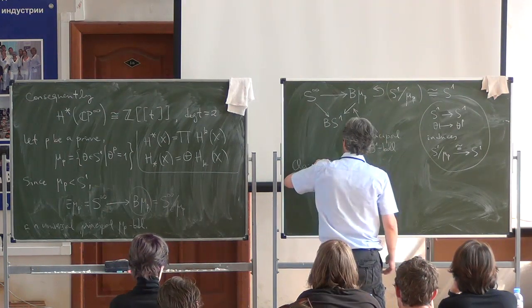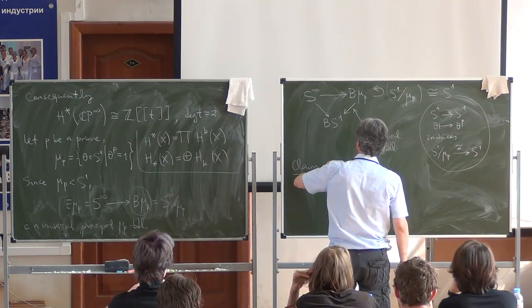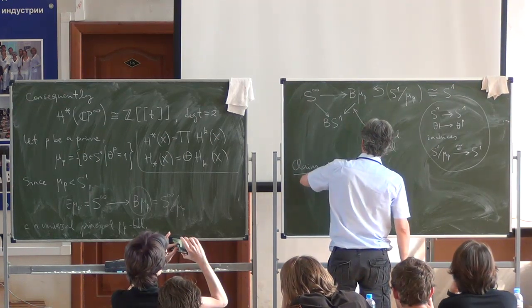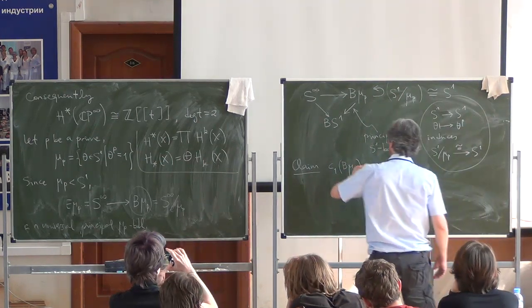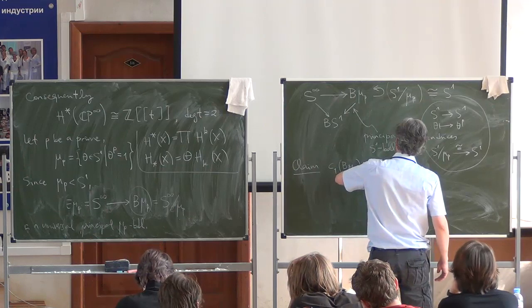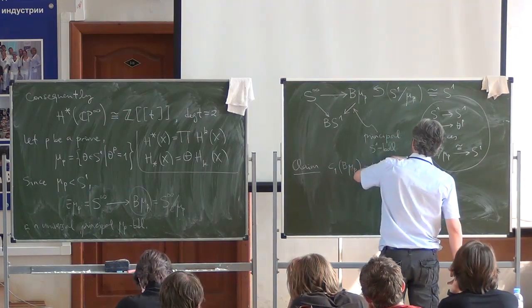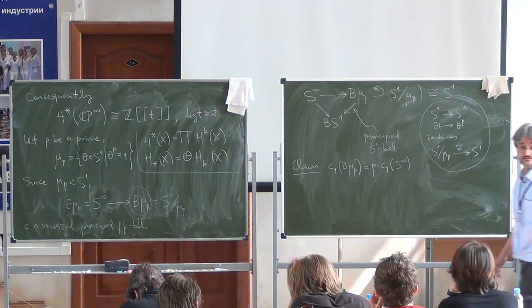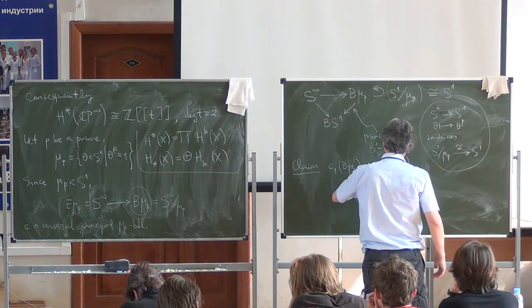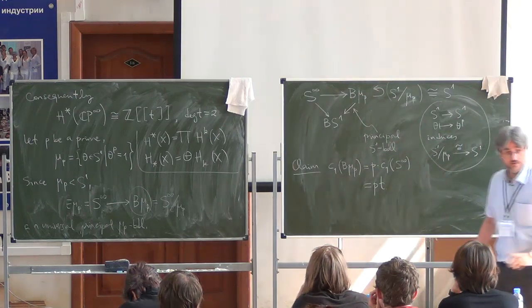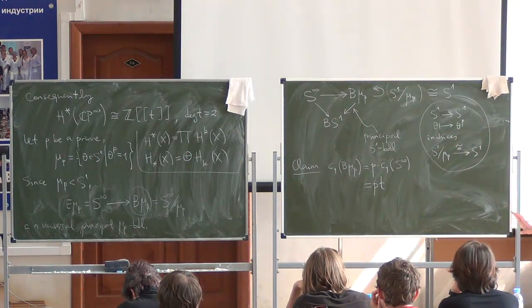Claim: the first Chern class of B mu p is equal to p times the first Chern class of S infinity as a bundle over BS1. So it's equal to p times t. But this is a very general fact.